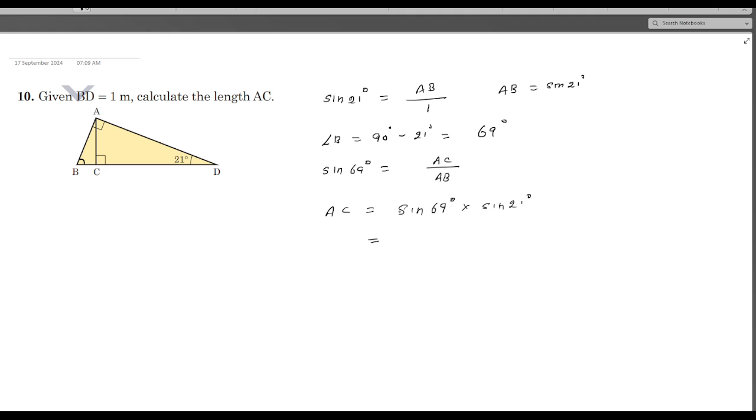Sine 69 times sine 21 gives 0.335. This is the length of AC, 0.335 meter.